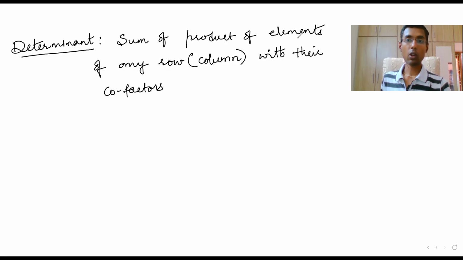Understand? Sum of product of elements of any row or any column with their cofactors.